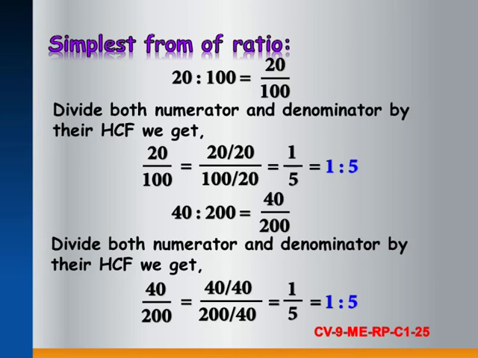Dividing by the same quantity is same as multiplying by its reciprocal. Thus, by multiplying each of the numerator and denominator by the same non-zero number, the ratio remains unchanged.